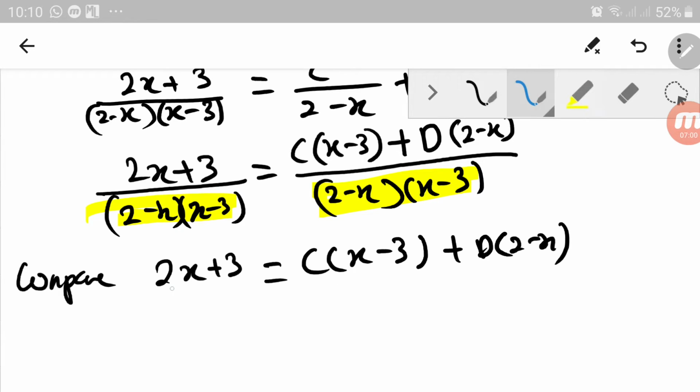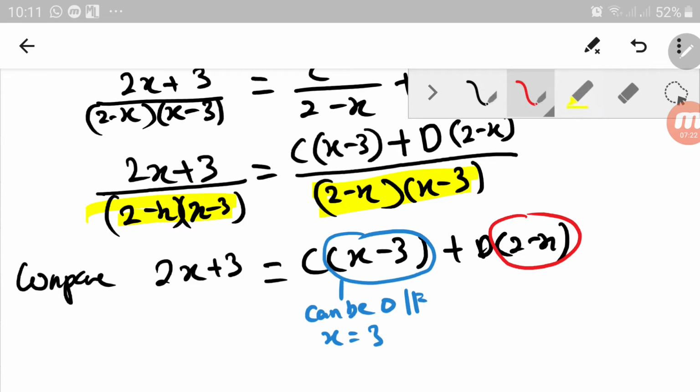Okay, now we want to figure out what c and d are. So what to do? You see this bracket, this bracket can be 0 if x equals 3, while this one can be 0 if x equals 2.